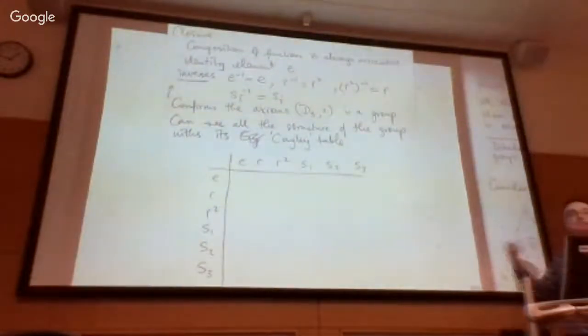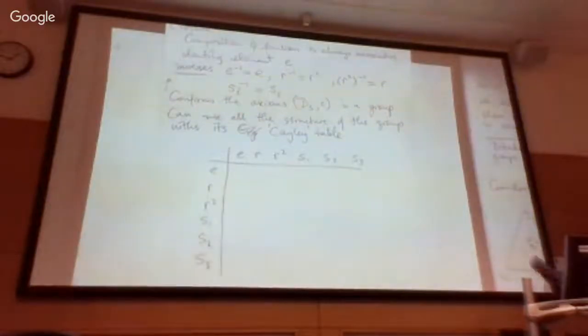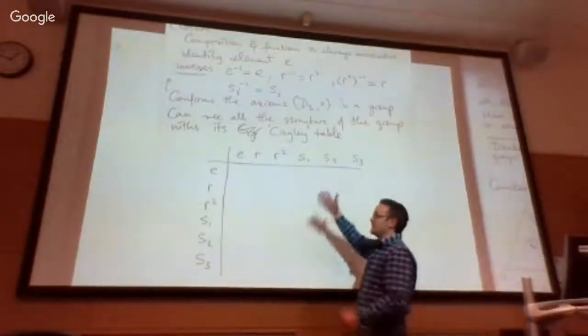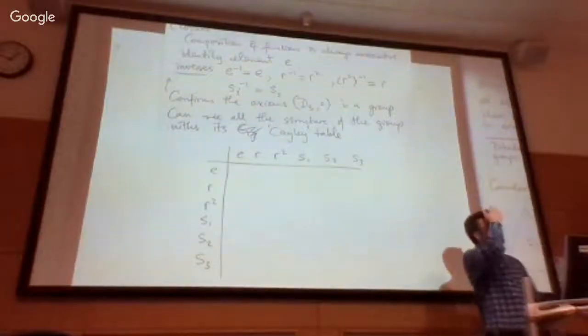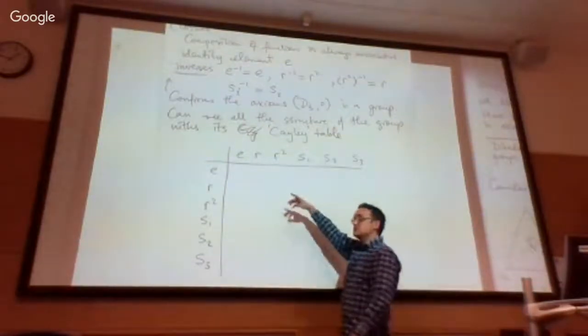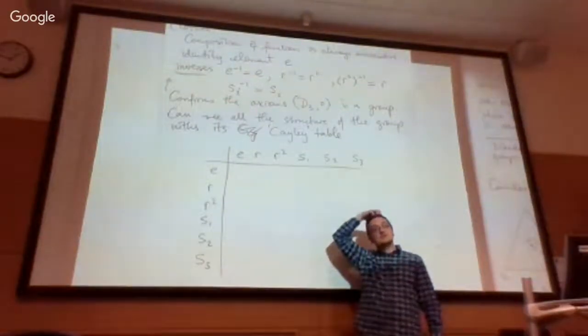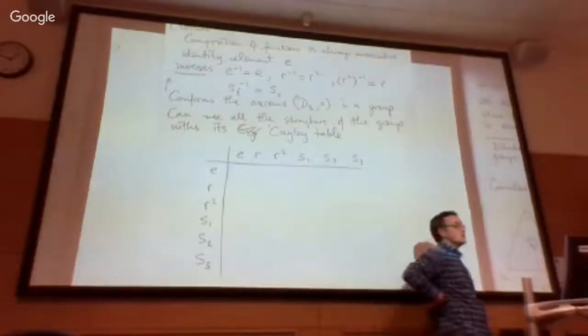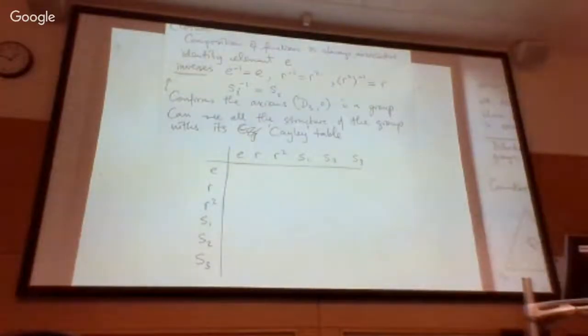A Cayley table is a multiplication table for the group. When I was in primary school, they used to get us to do these things all the time. Bring in a cornflakes packet, use the blank side of it, and write out addition tables or multiplication tables for all the numbers. But we can do this for groups as well.